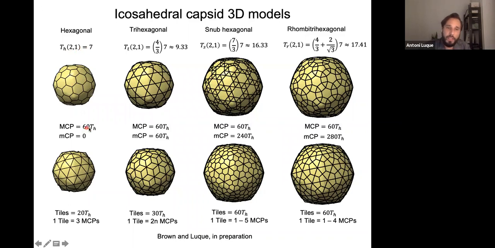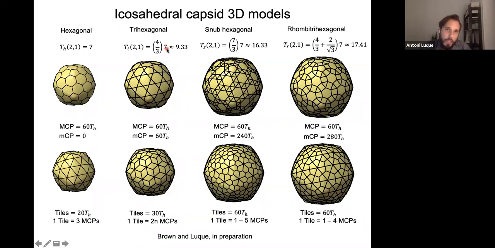It would have 60 times 7 major capsid proteins coordinated in hexamers and pentamers, no minor capsid proteins. If you go to the dual lattice, you will have 20 times 7 tiles. These tiles will be formed by 3 major capsid proteins, all right? And this will be, let's say, the classical construction. What do you get with the new one?